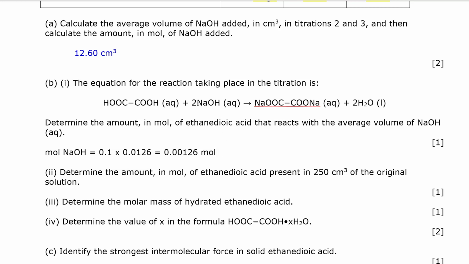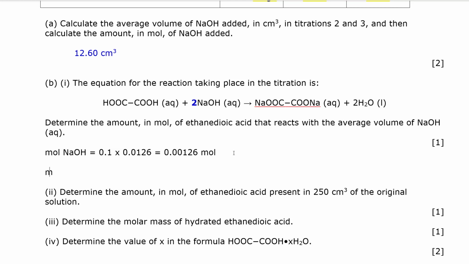But let's look at the equivalence here. You'll see there are 2 moles of sodium hydroxide for every 1 mole of ethandioic acid. So the moles of ethandioic acid is actually half that. Moles of ethandioic acid equals 0.00126 over 2.